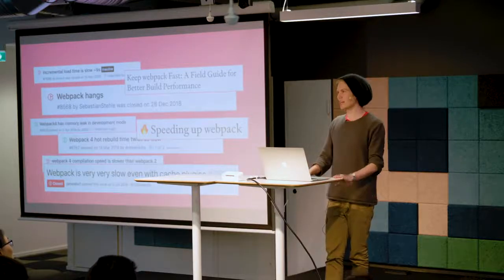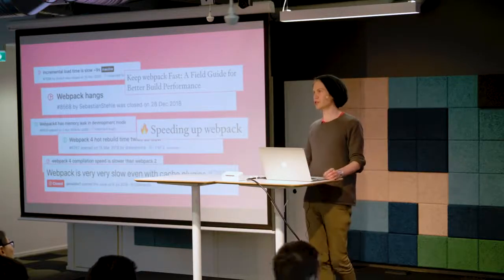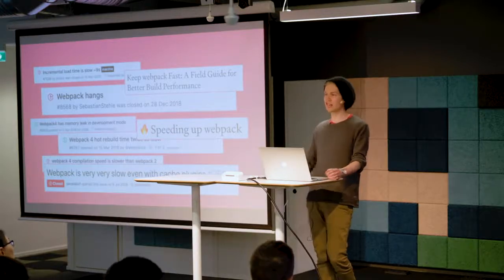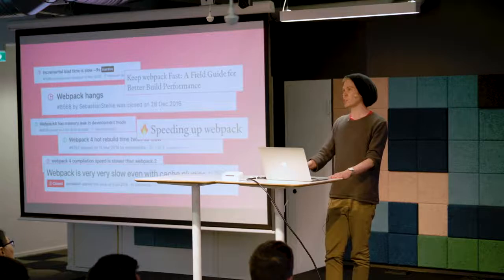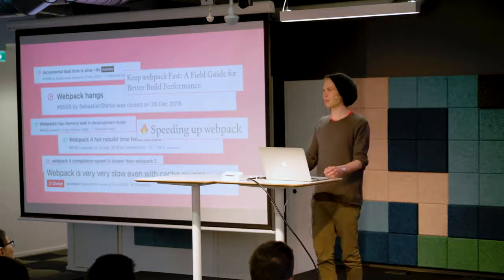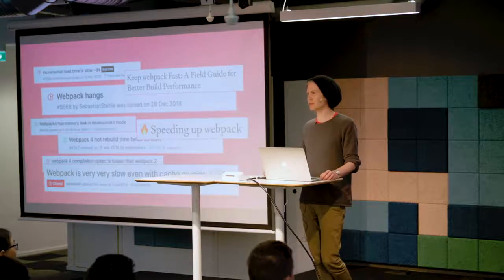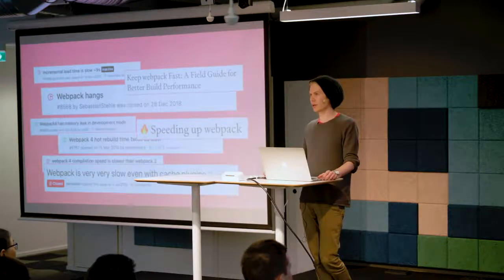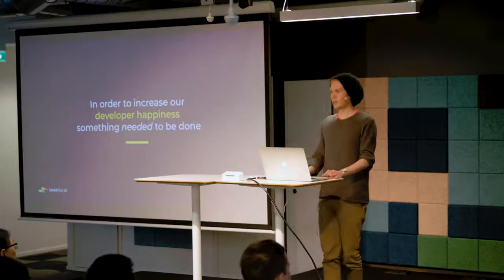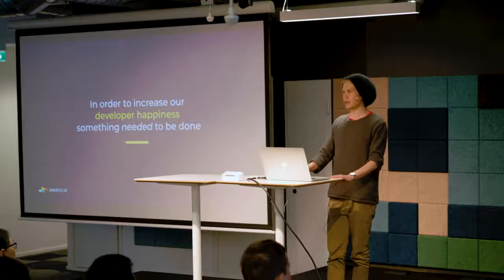And even though we had included all of the different optimization methods, including Happy Pack and all the DLLs and caching and whatnot, we just couldn't at some point anymore get more out of the build pipeline. The size of the application was becoming the bottleneck. So we knew we needed to do something in order to make the situation better.